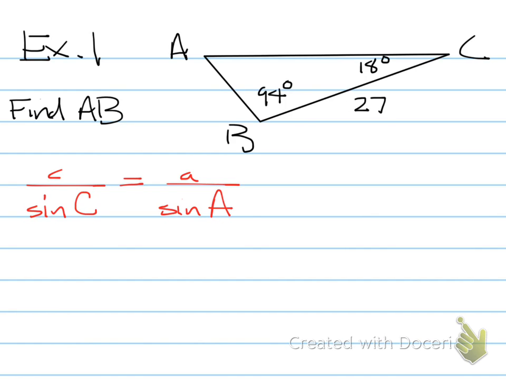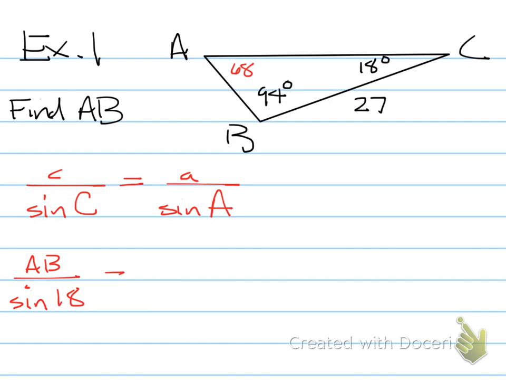Capital C is 18. Lowercase a is 27, and capital A we can determine by subtracting 94 and 18 from 180. So the measure of angle A has to be 68.